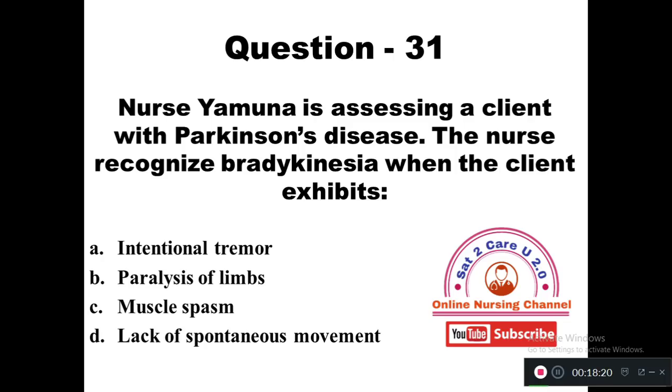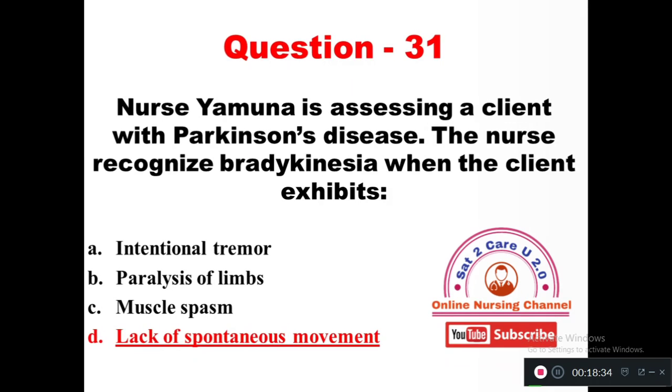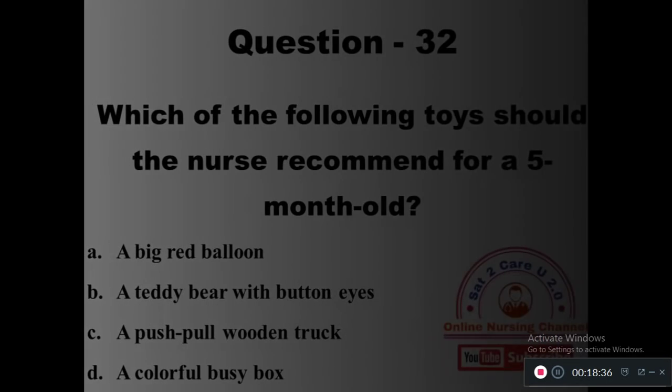So a client diagnosed with Parkinsonism will exhibit bradykinesia as option D, lack of spontaneous movement. Option D is right.